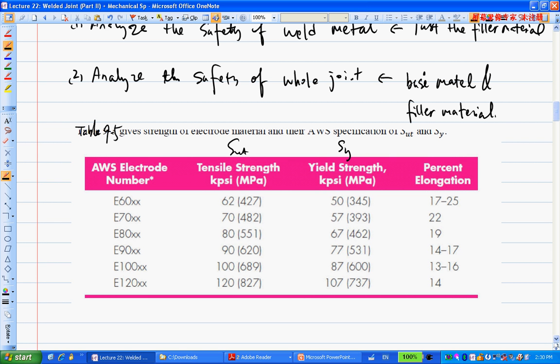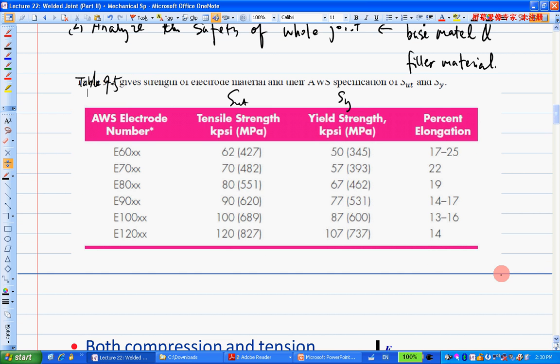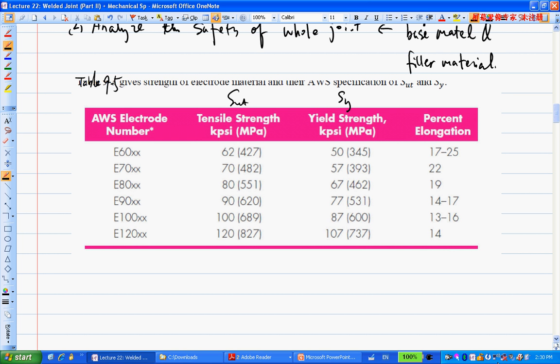Okay, 9-5. In general, the filler material needs to be picked to match the base material, or the parent material. If you look into the standard given by AWS, there's always some kind of stress state table that you should stick to in terms of picking the right electrode or the right filler material.